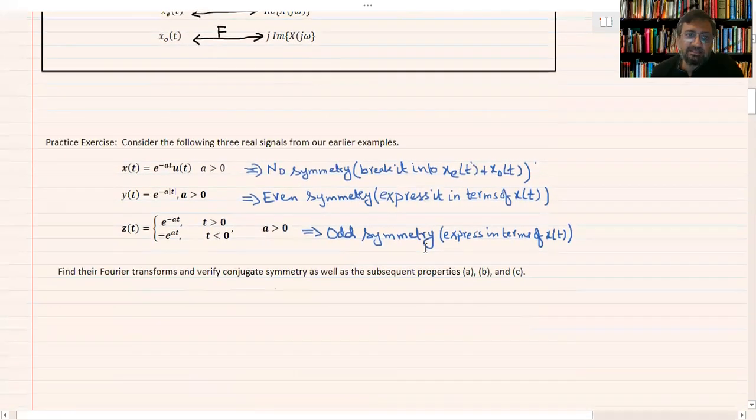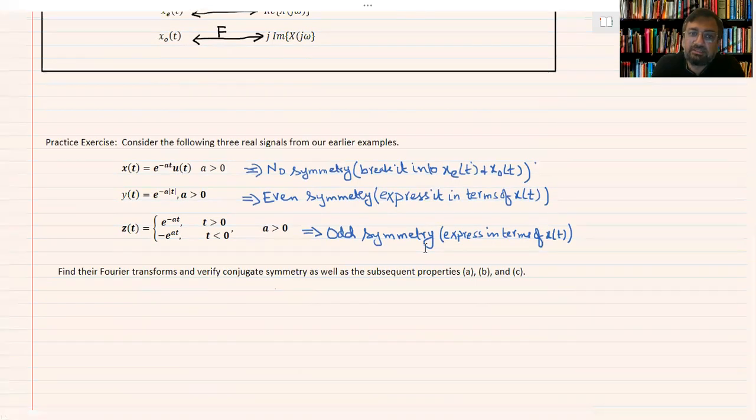And here is a practice exercise. In this exercise, we consider 3 real signals from our previous examples. We have x(t), which is a one-sided exponential decay, y(t), which is a double-sided exponential decay, and z(t), which again is a double-sided exponential decay, but for t less than 0, the magnitudes are flipped.